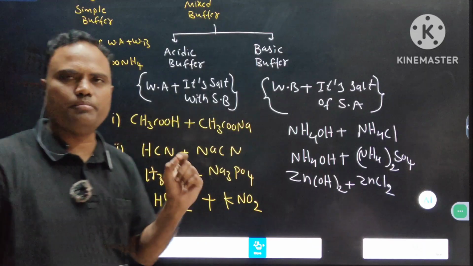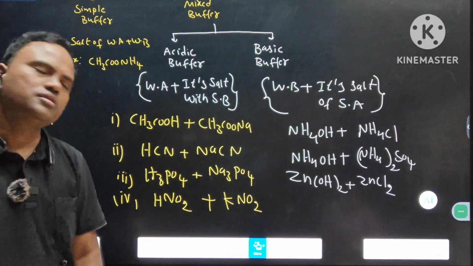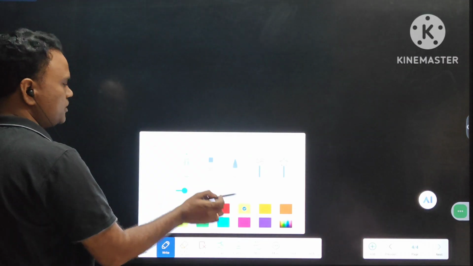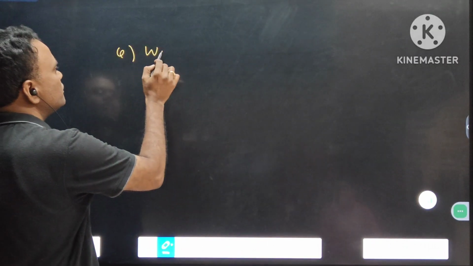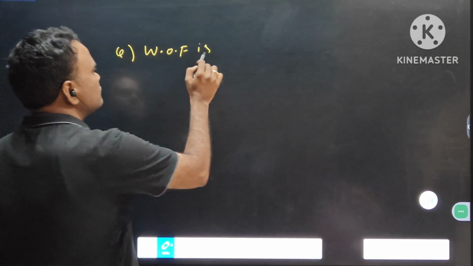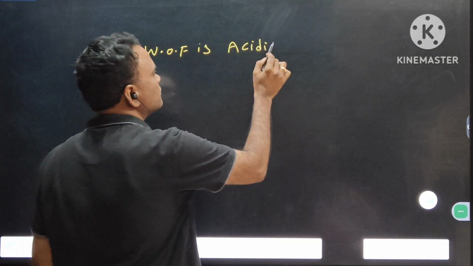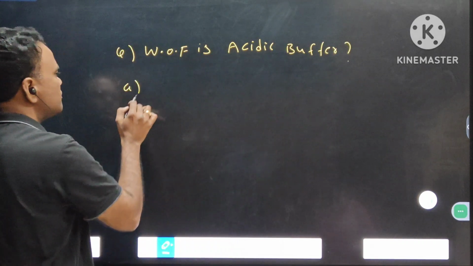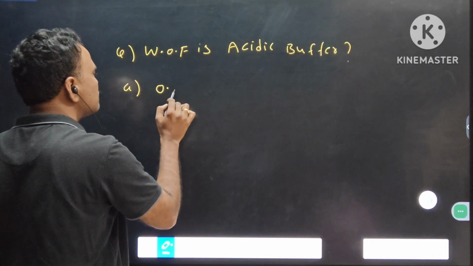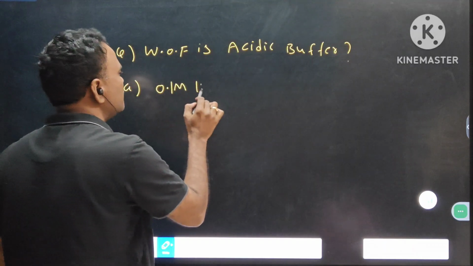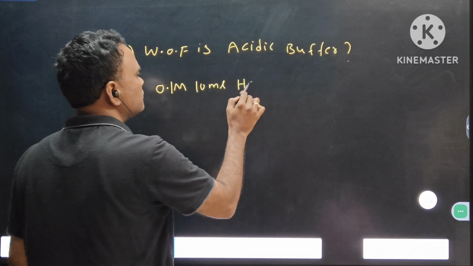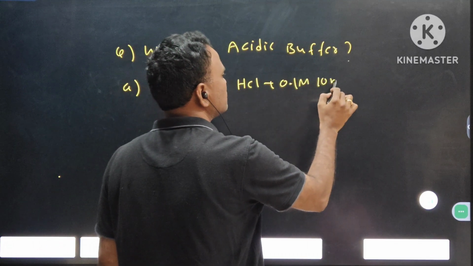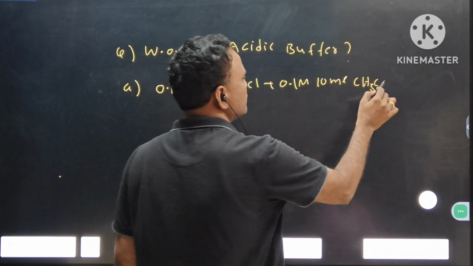Okay, I'll give you one basic level question. After that, some moderate level question. Note that because numericals are important, so better to do few questions. Which of the following is acidic buffer? See, first combination, 0.1 molar 10 ml HCl plus 0.1 molar 10 ml CH3COONa.